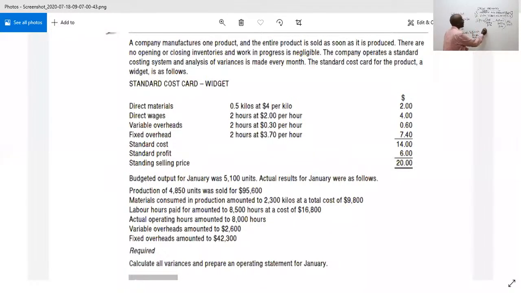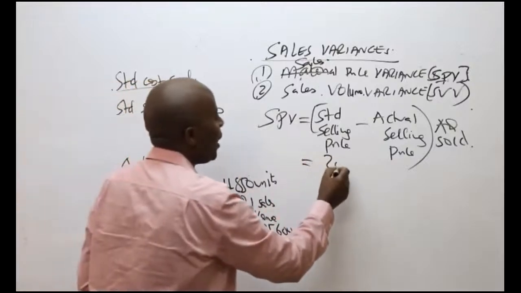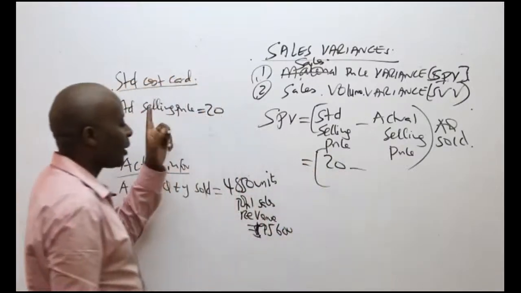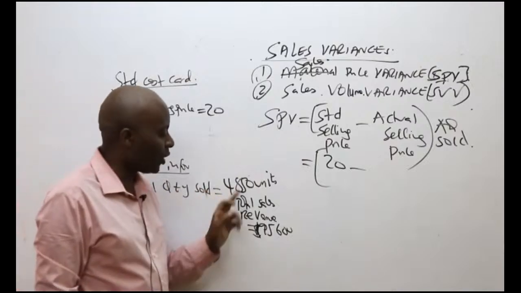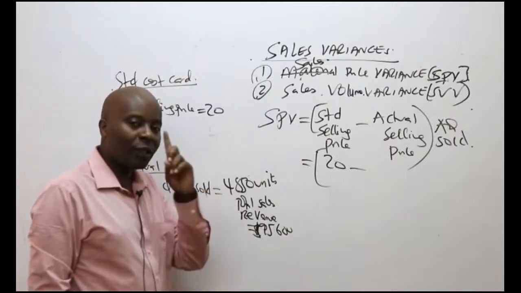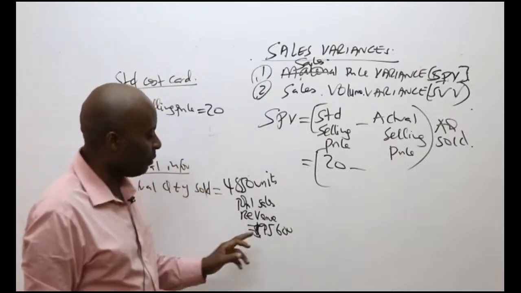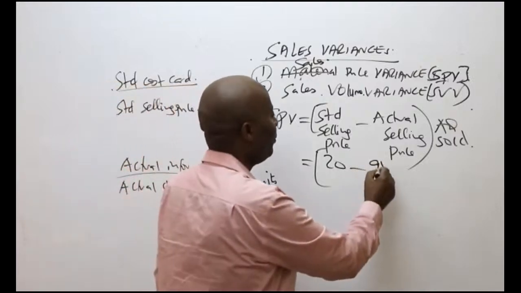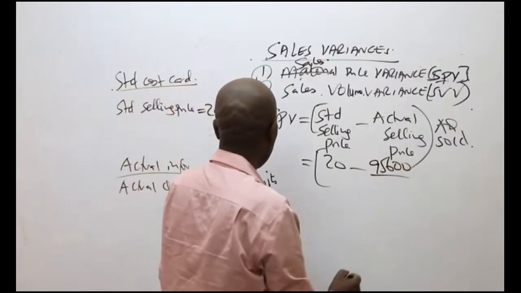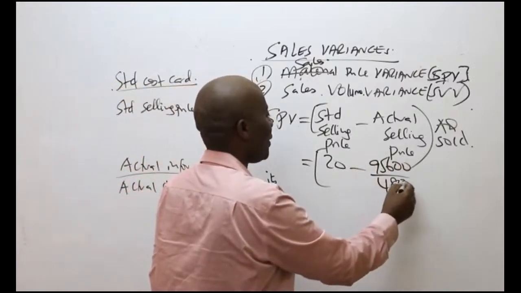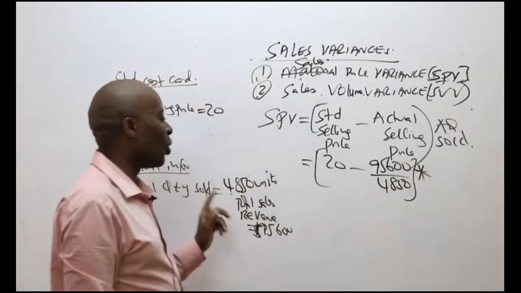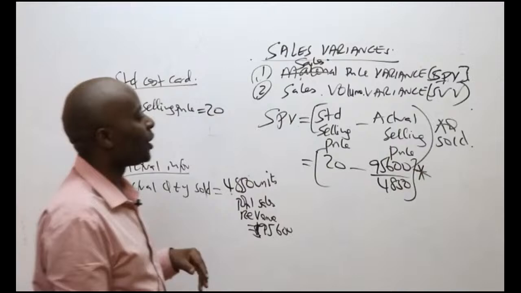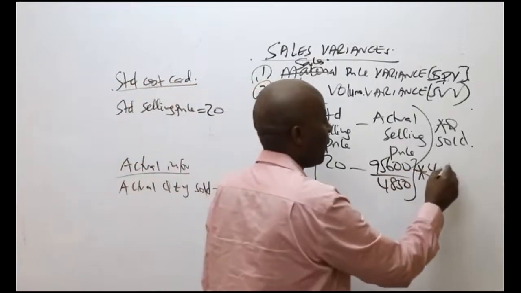Now, out of this, I'll be able to get my parameters very well. I will start with the standard selling price. The standard selling price is 20 minus the actual selling price. I can see that 4850 units gave me this money. How about the money given by 1 unit? It will be 95,600 divided by 4850. Multiply this by the actual quantity sold, which is 4850.